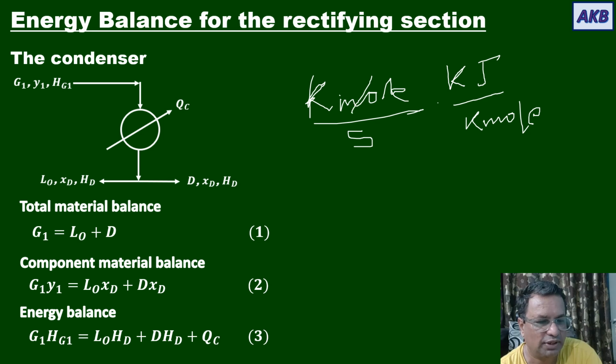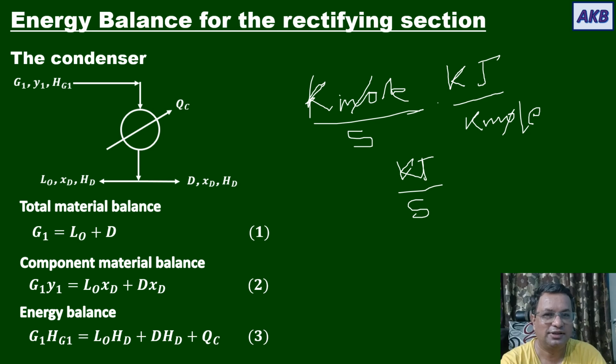This kilomole and kilomole get cancelled, and you are left with kilojoule per second. That means each term will have a unit of kilojoule per second. So rate of heat energy in is equal to rate of energy out.